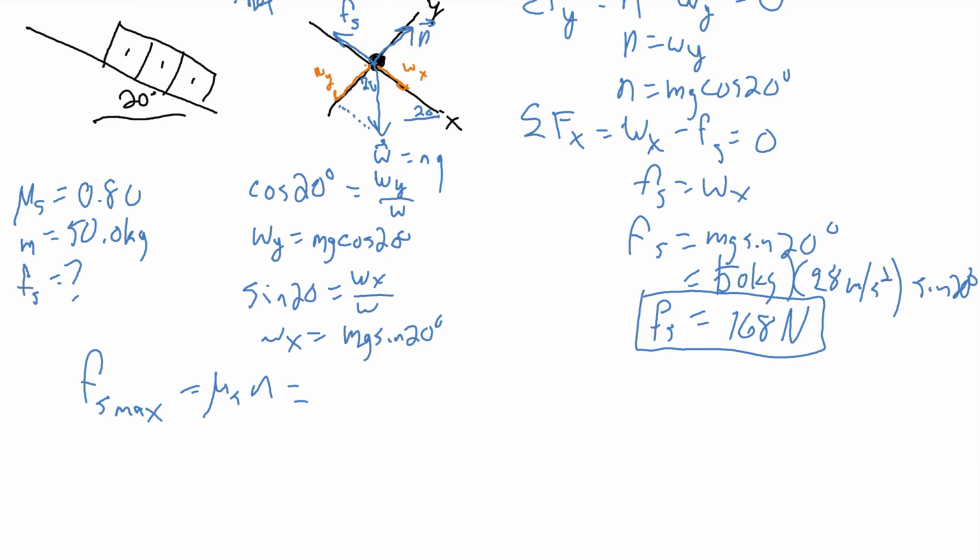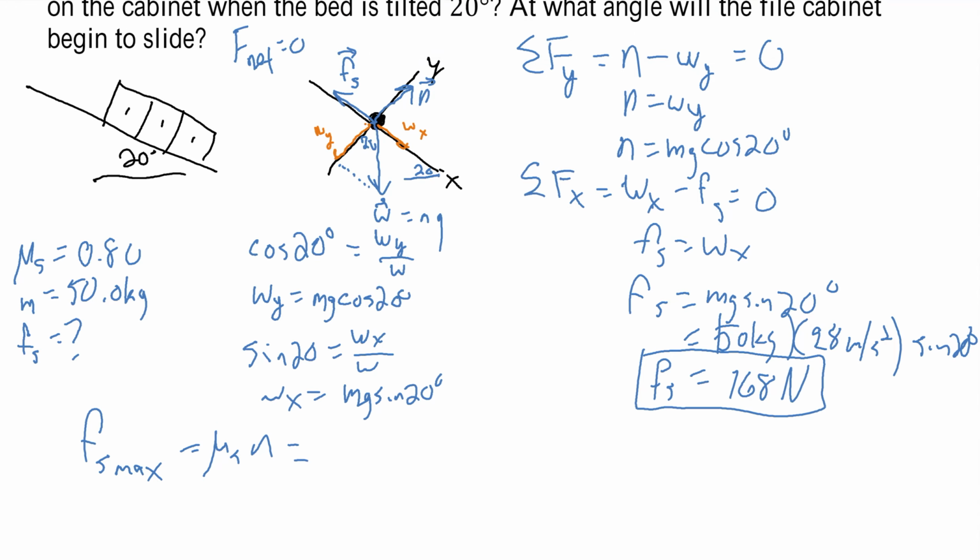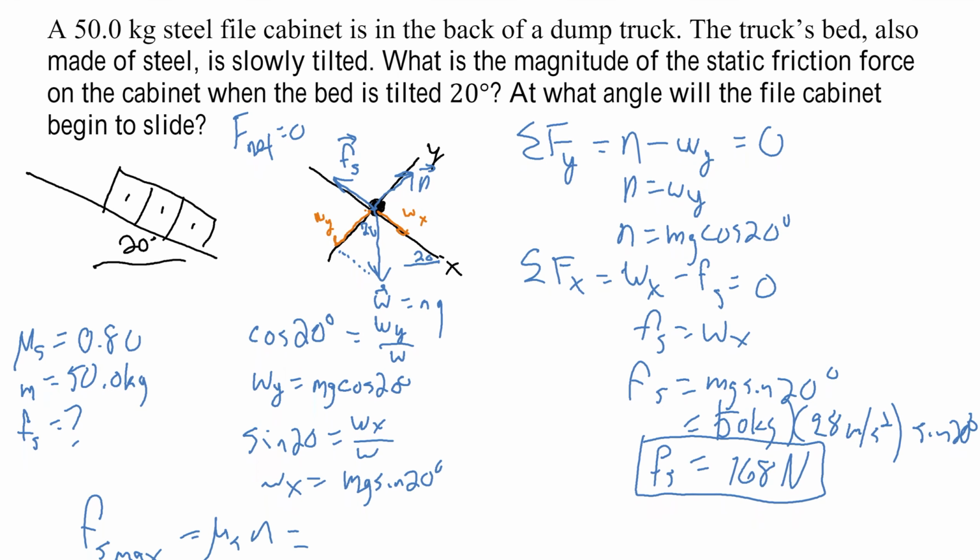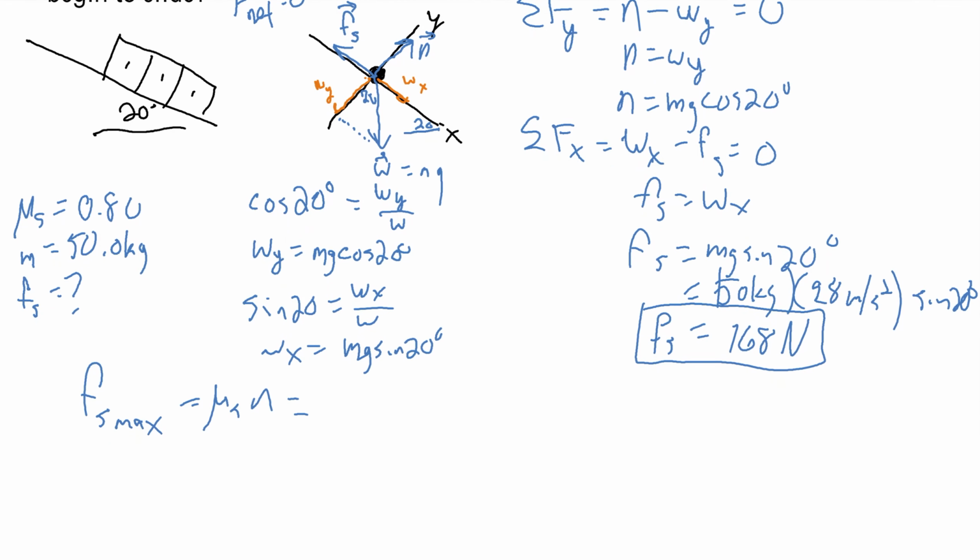Right? And mu sub s is 0.80. So what do we do? It says, at what angle will the file cabinet begin to slide? So we're actually not looking for F sub s max, we're looking for the angle. So we're going to have to do a little bit of extra work. We'll have to figure that out next time.